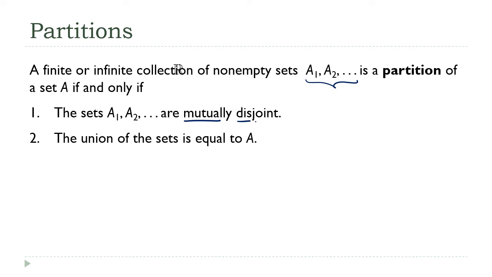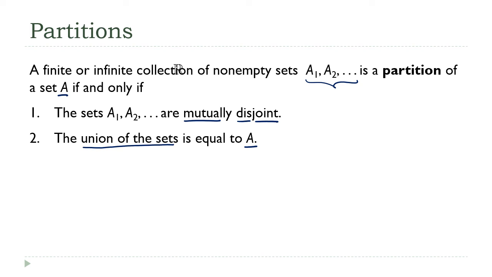If you look at it visually, there's no overlap between any pair of sets from the list. And this is the new part: the union of these sets is equal to the bigger set. This is the set that we're saying they are a partition of.